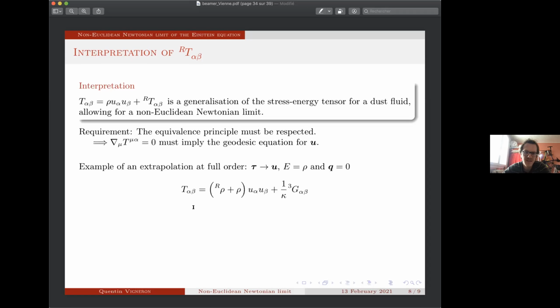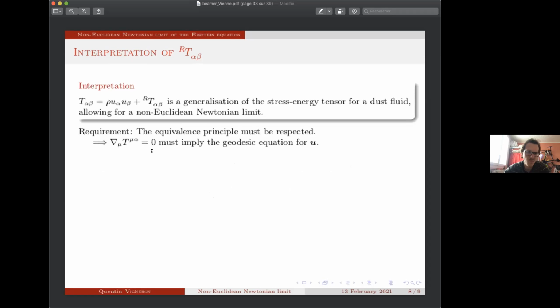And for instance, this form here doesn't necessarily preserve this conservation equation. But I'm not sure at which point we should necessarily keep this conservation of rho and not a conservation of rho plus rho r. For the geodesic equation, it's sure, but I think there are some options here.